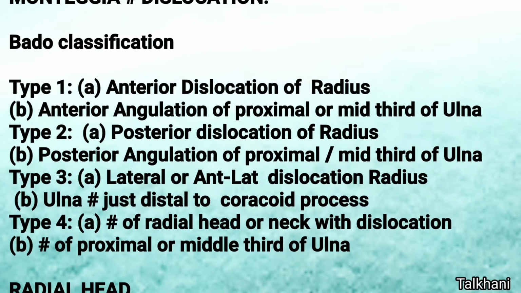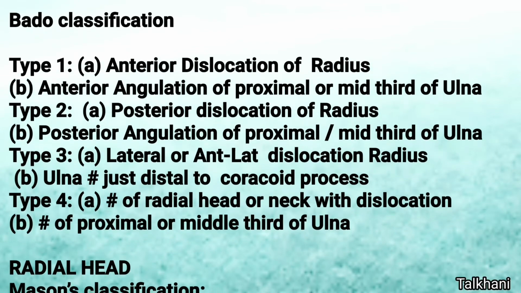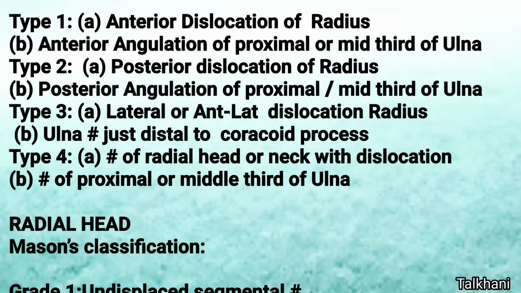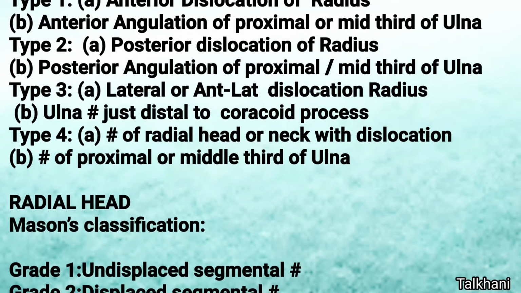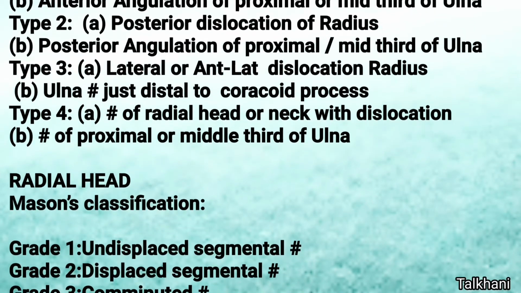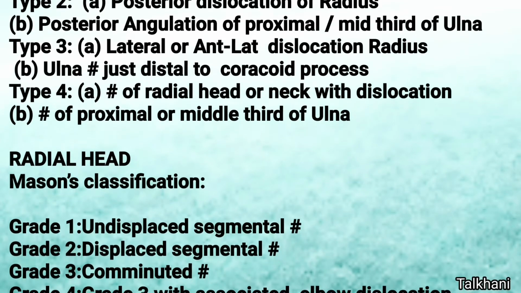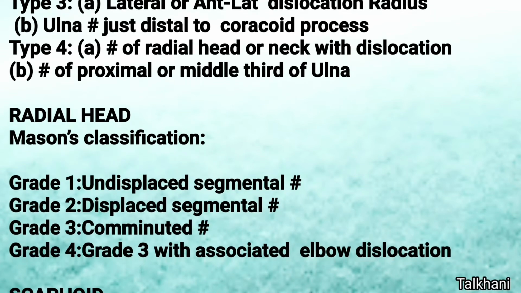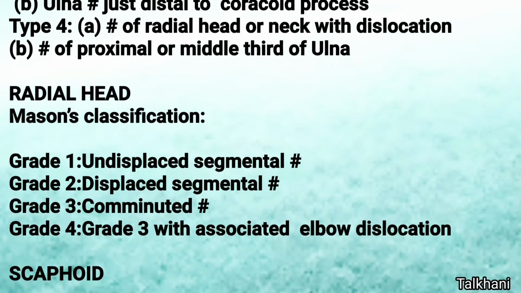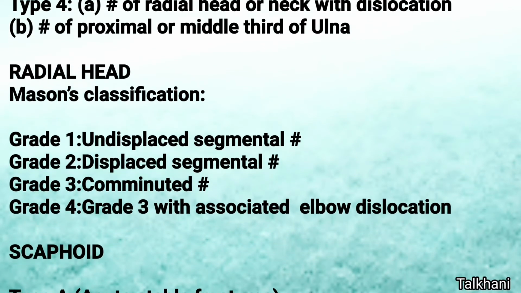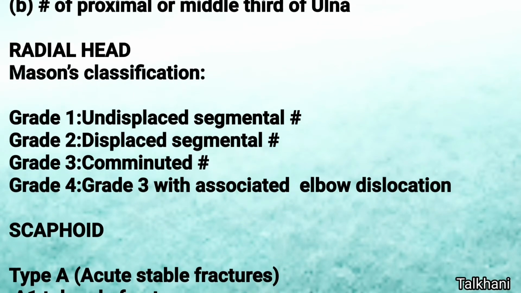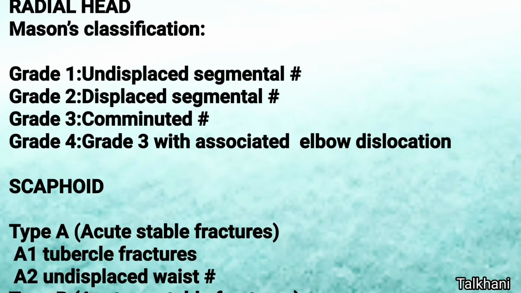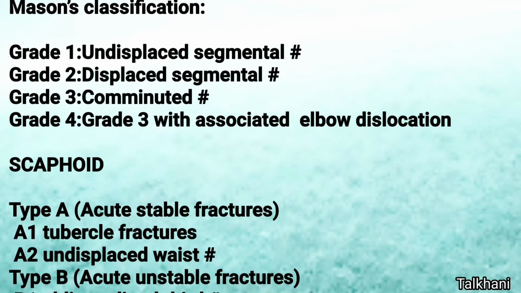Scaphoid fractures classification is: type A are acute stable fractures, A1 tubercle fractures, A2 undisplaced waist fractures. Type B acute unstable fractures, B1 oblique distal third fracture, B2 displaced waist fractures, B3 proximal pole fracture, B4 fracture dislocation of the carpus, B5 comminuted fracture.